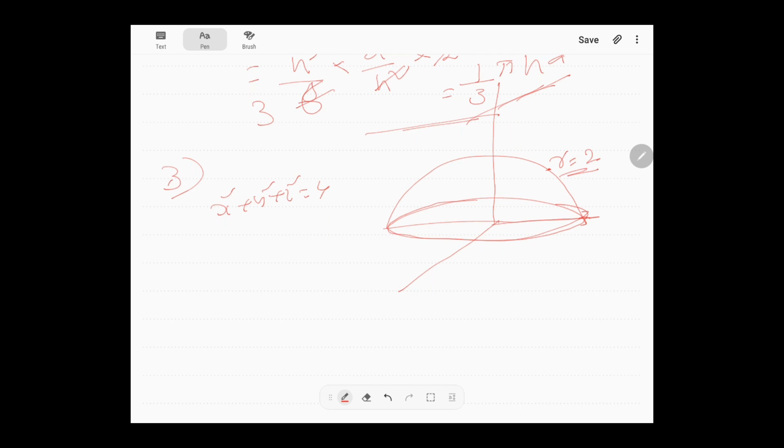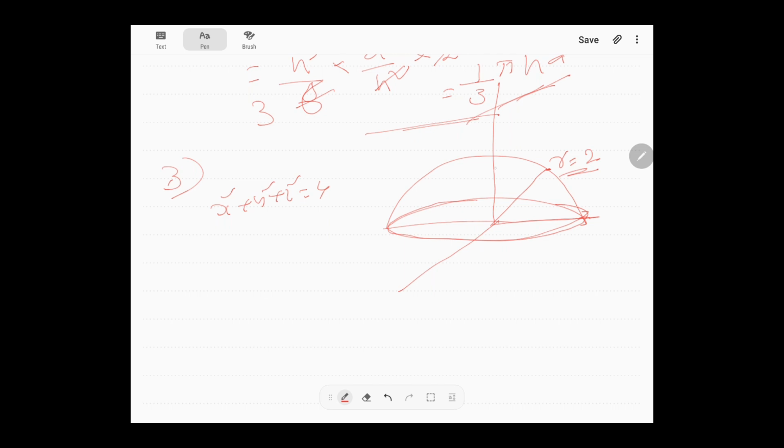Remember all these things, and practice them. What does x is equal to constant represent? In 2D it represents a line. In 3D it represents a plane. Like that, r is equal to a constant represents a circle or a sphere, depending on the dimensions you are taking.